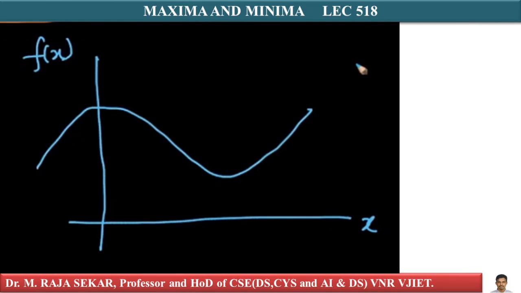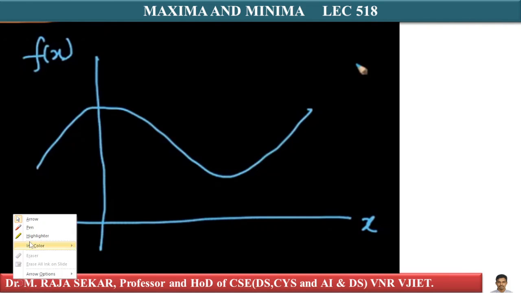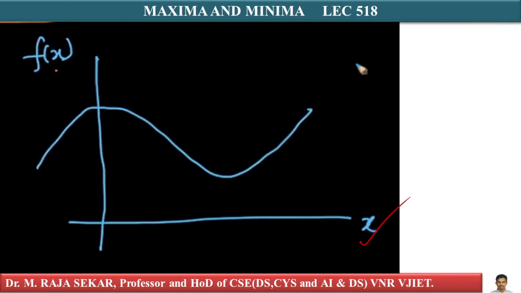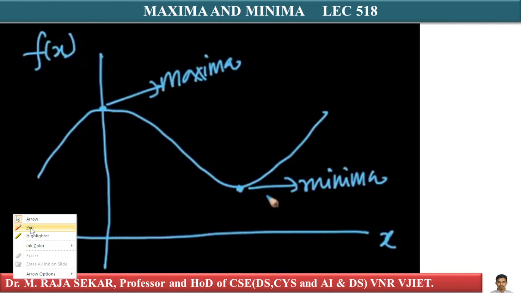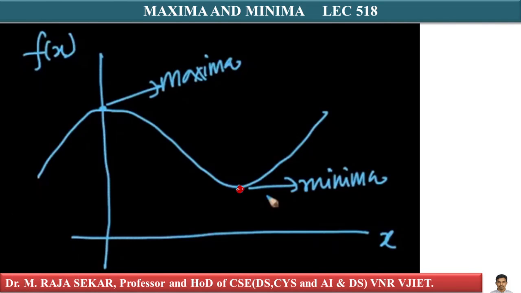Let me assume this is my x and this is my f of x. If you observe this function carefully, what is this point? This is the minimum value that f of x takes, isn't it? In a similar manner, this is the maximum value that f of x takes.